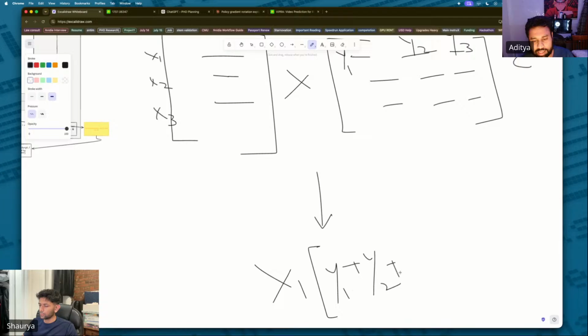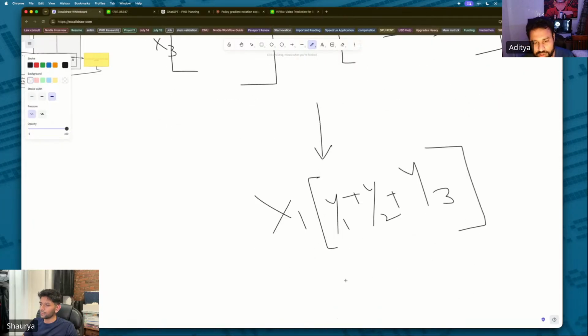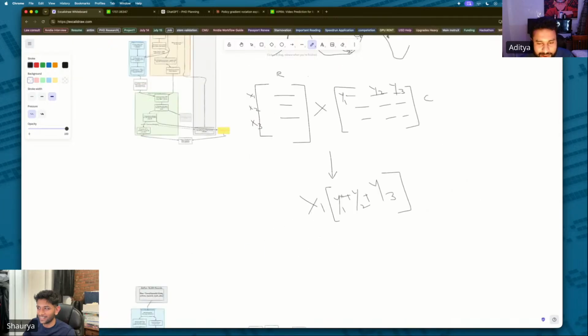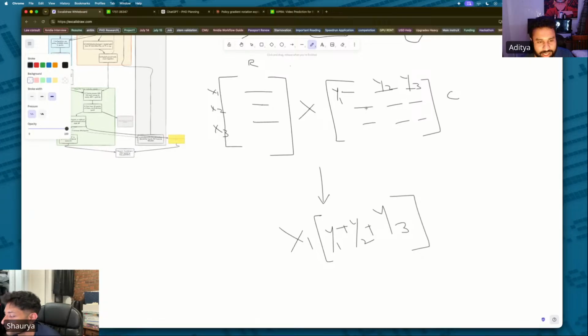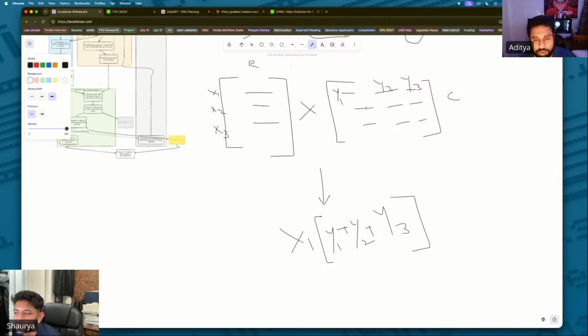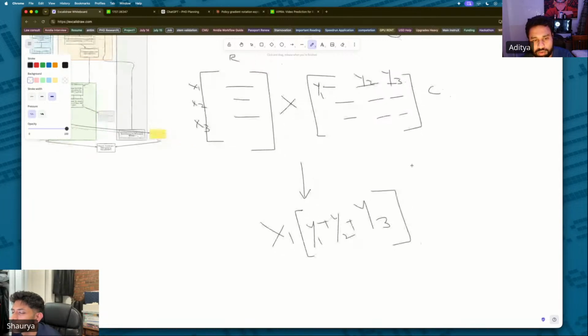No, no, that's where you're wrong. It's going to be x1 y1, x2 y2, x3 y3. Yeah, basically the same thing. My bad, I was wrong. Now you're doing it across x1, y1. But you don't go y1, y2, y3. You will do row and then column.